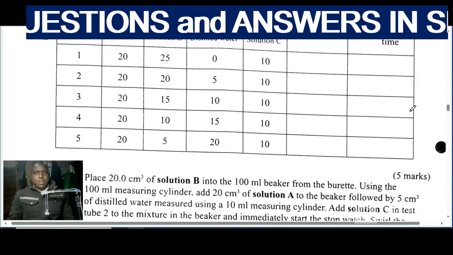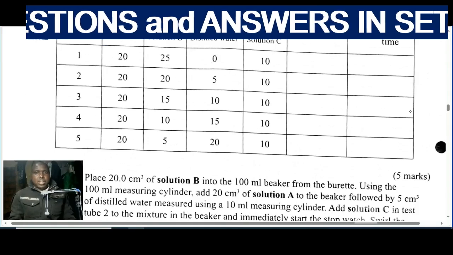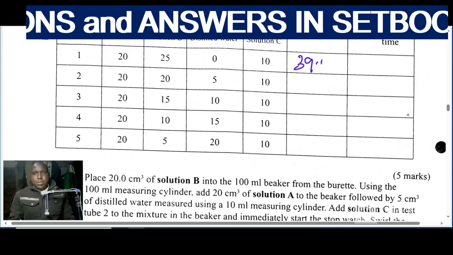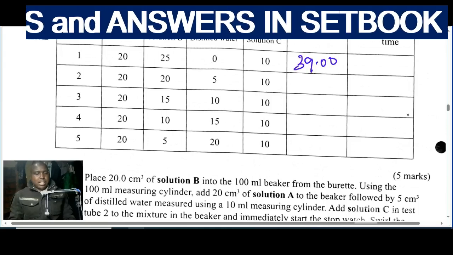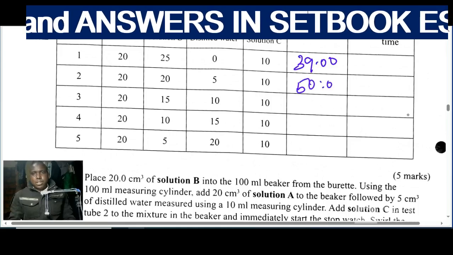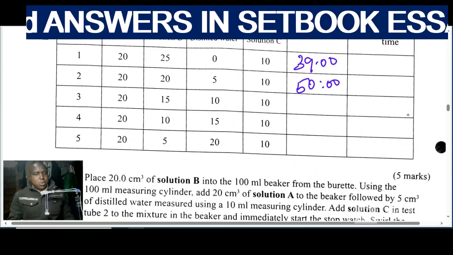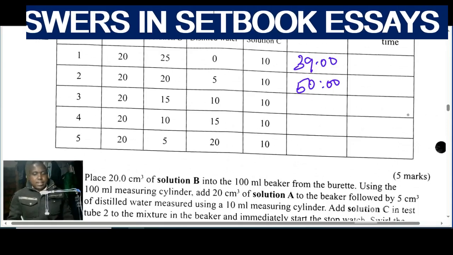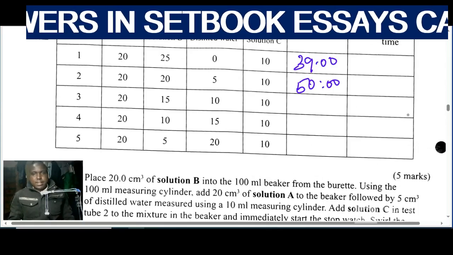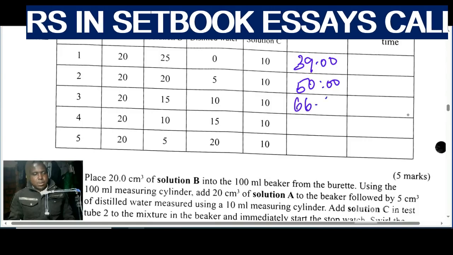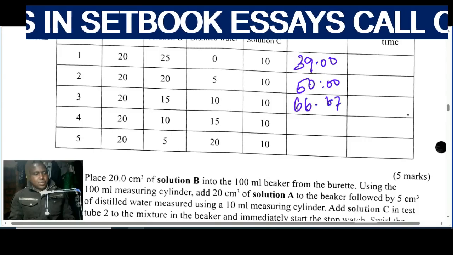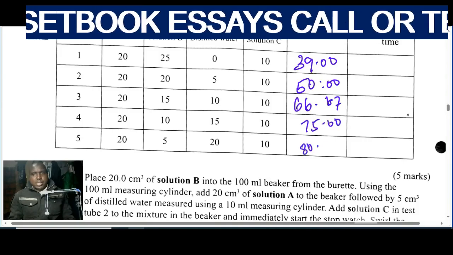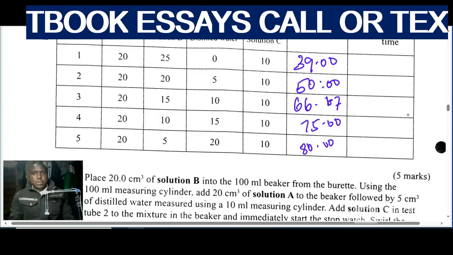So these values, the time the rate was going from 39.00, that was the first time, then there was 50, then there was I think this is the one that we used to draw the graph, yes, then there was 66.67, there was 75.00, there was 80.00.